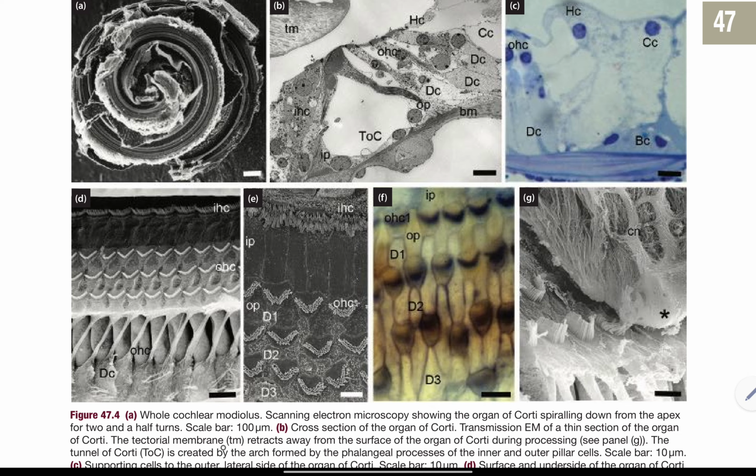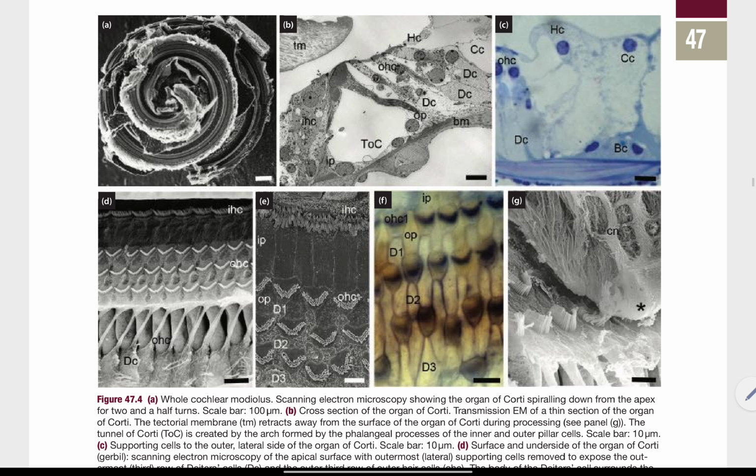The tectorial membrane, TM, retracts away from the surface of the organ of Corti during processing. The tunnel of Corti, TOC, is created by the arch formed by phalangeal processes of the inner and outer pillar cells. Scale bar 100 μm.